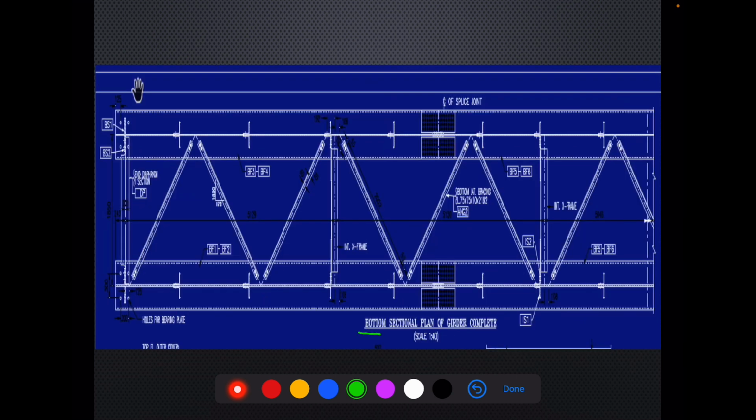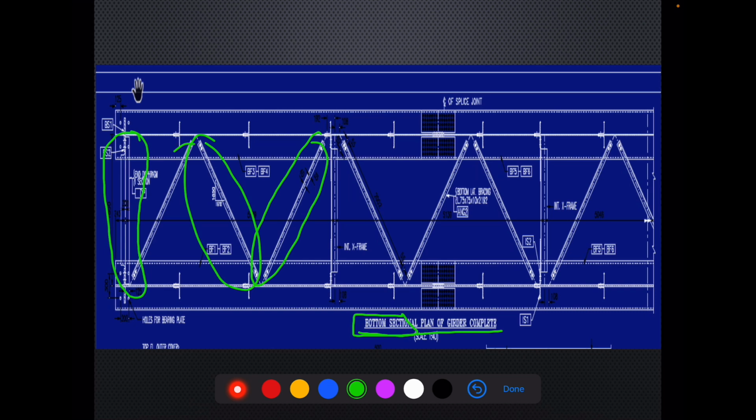Now let's see the bottom sectional plan of a plate girder. In the bottom, to start with, we can see it is connected by an end diaphragm. Then we have bracings, bottom lateral bracings. We can call them BLBs. And then we have intermediate cross frames.